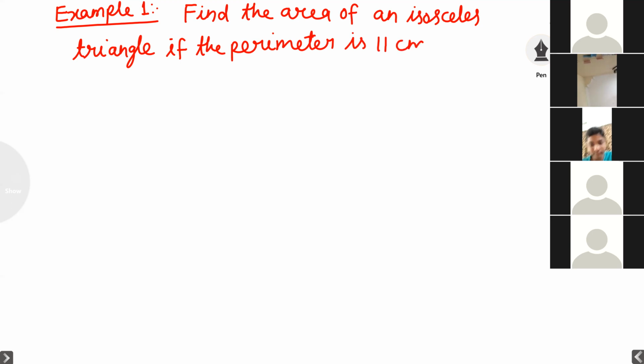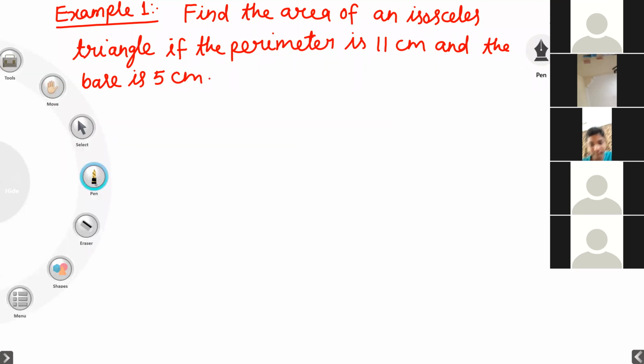and the base is 5 centimeter. Write the question very clearly, everyone.